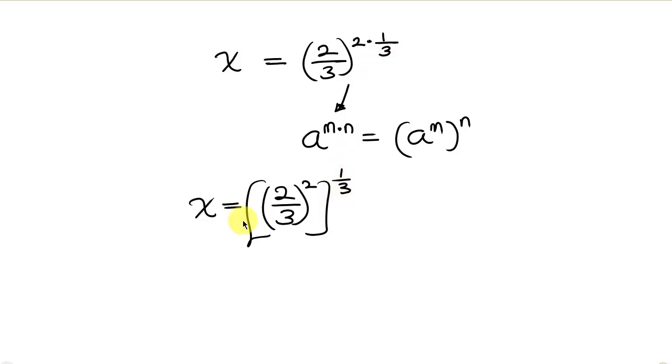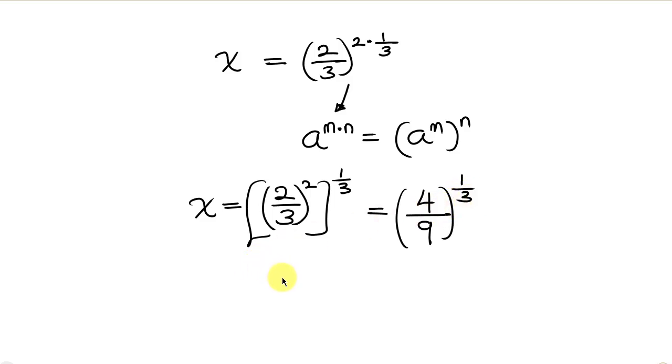That is it. So this simplifies into, now this exponent here affects the numerator and it also affects the denominator. So this becomes 2 squared, that is 4, all over 3 squared is 9. And this is raised to the 1 all over 3.